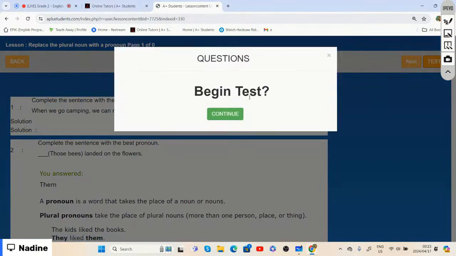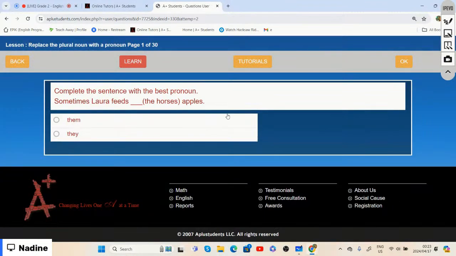Now let's go to our test. We need to complete the sentence with the best pronoun, right? And the word in brackets, that is the word that we are going to replace. Sometimes Laura feeds the horses apples, right? So we need to replace the word horses with either them or they.